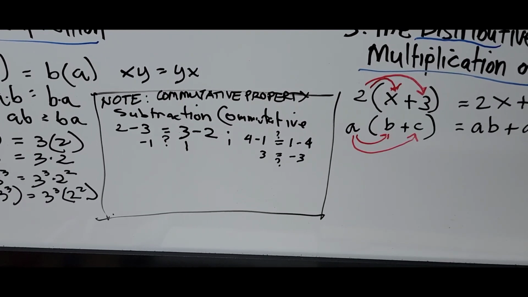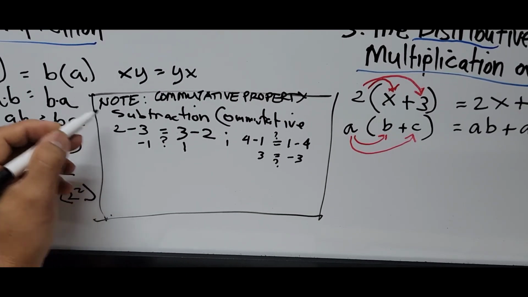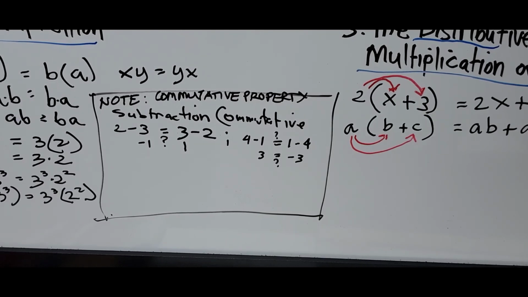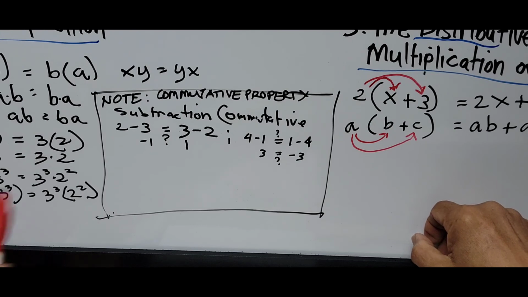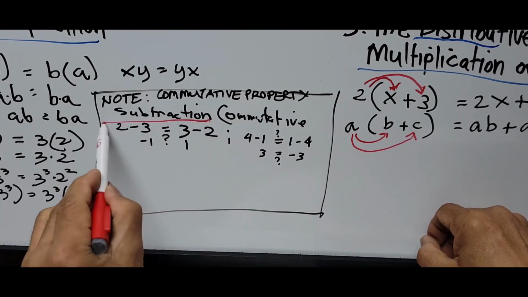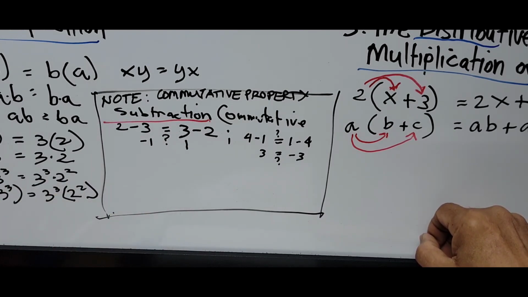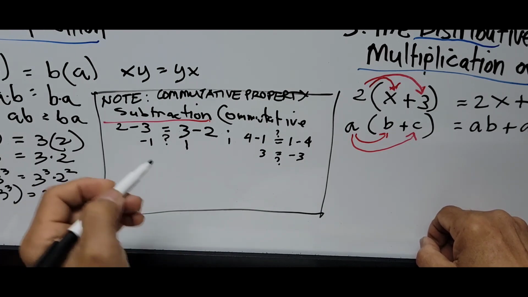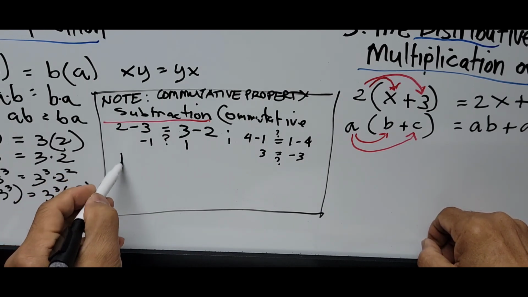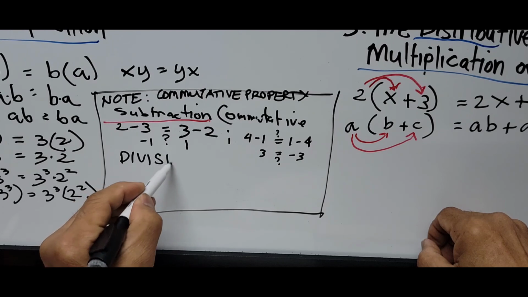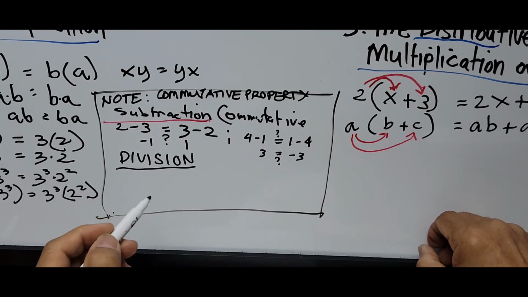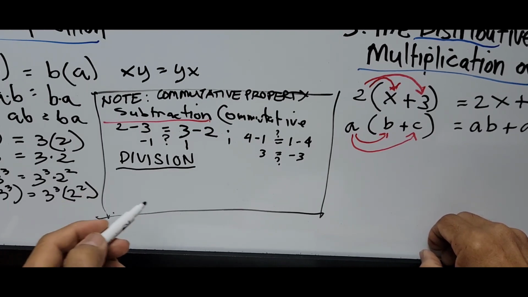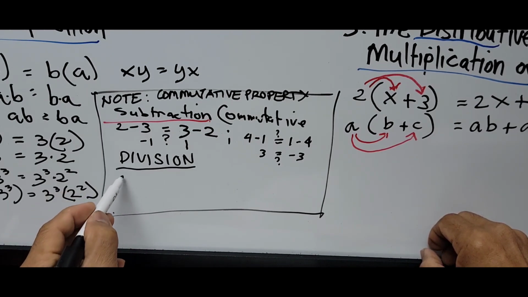Okay, that's one of them. And how about in division? Do you think it's applicable? All right, let's do that. Commutative property. Let's say 2/3.